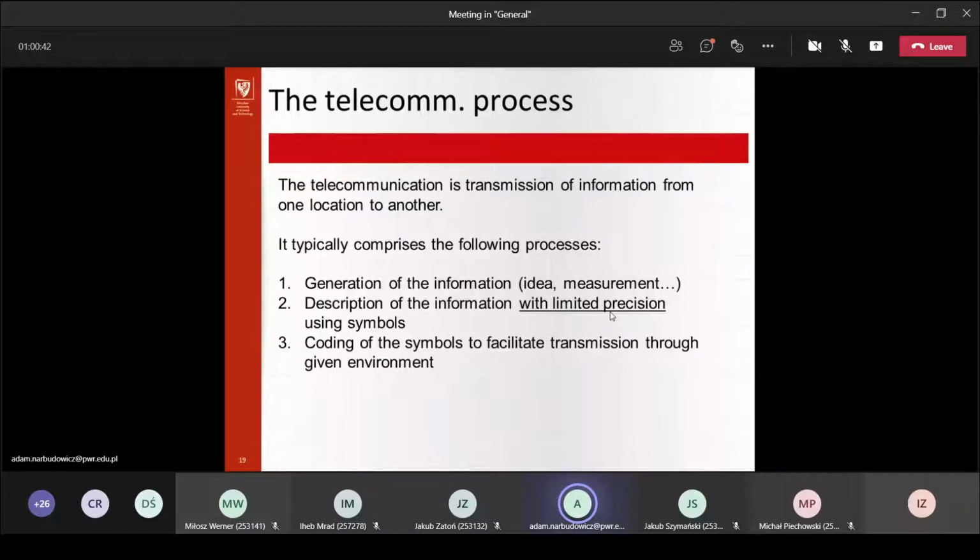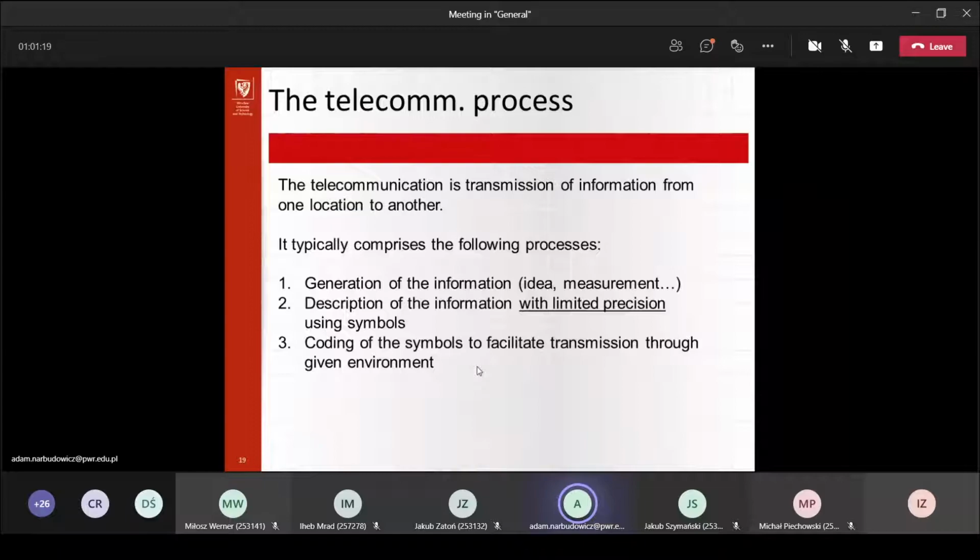Then once you have this formalized or described information, you need some sort of a coding of the symbol. So this is different from the first block because when we speak about coding, we already think about the channel over which we'll be doing that transmission. Okay, so for example, the description is, I don't know, a file in your computer program, right?